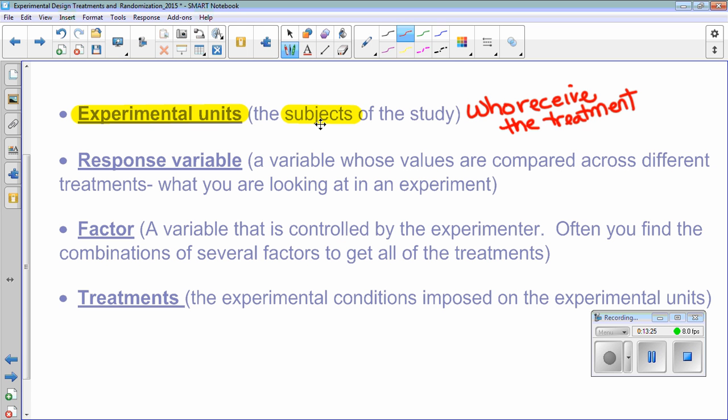Anyway. So what makes an experiment is when you have a treatment involved. Okay? So a treatment is what makes an experiment an experiment. And we're going to look at an example in a few minutes that deals with weight loss programs.